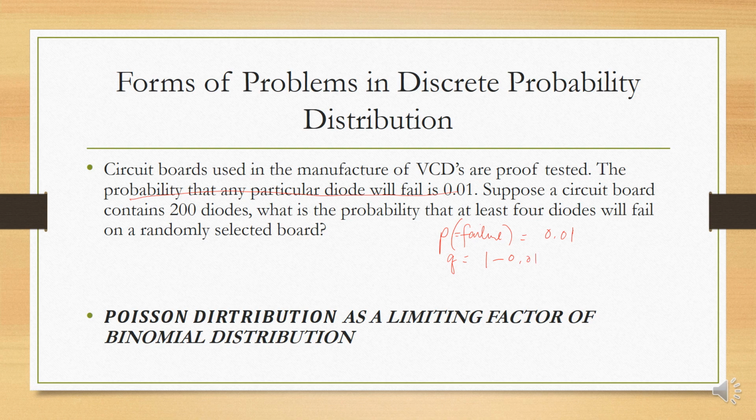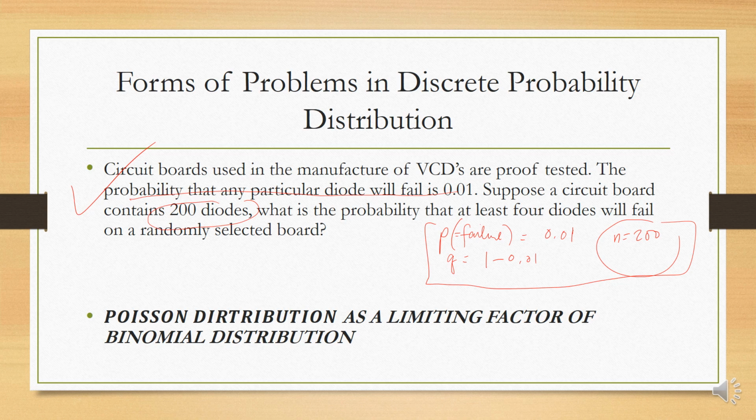And then, ang N natin ay yung 200. Ayan. So, actually, kung babalikan natin yung way natin ng pag-determine ng binomial distribution, this is actually a binomial distribution, this problem. Ang problema lang dito, ang ating N ay masyadong malaki. Ang ating ideal na N ay hanggang 20 lang.